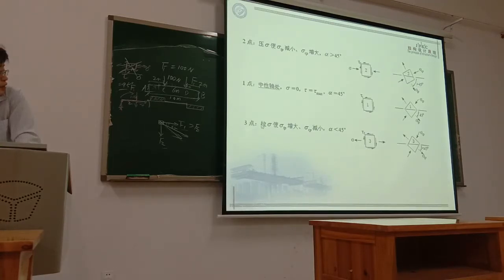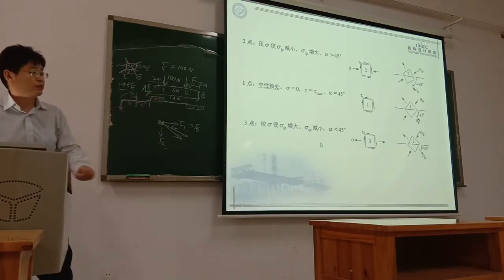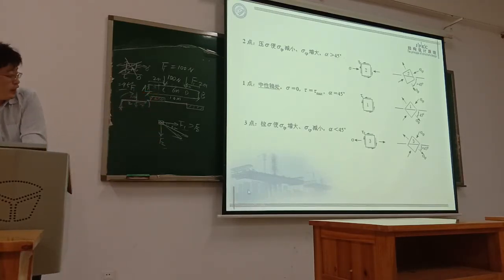And if the point is in the lower part, in the tension zone, then this principal tension stress is larger than this compression stress. Then this angle is smaller than 45.